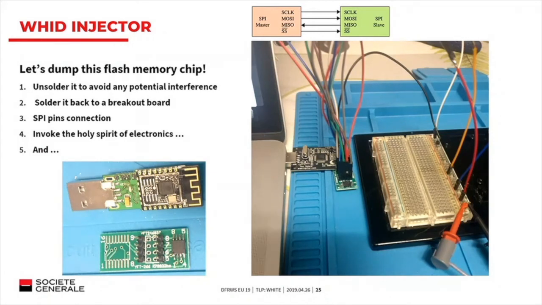And you solder it back on the breakout board to access the pins more easily. This is an SPI pin, so you connect on this pin, and you invoke the Holy Spirit of electronics, and we will see if it works.